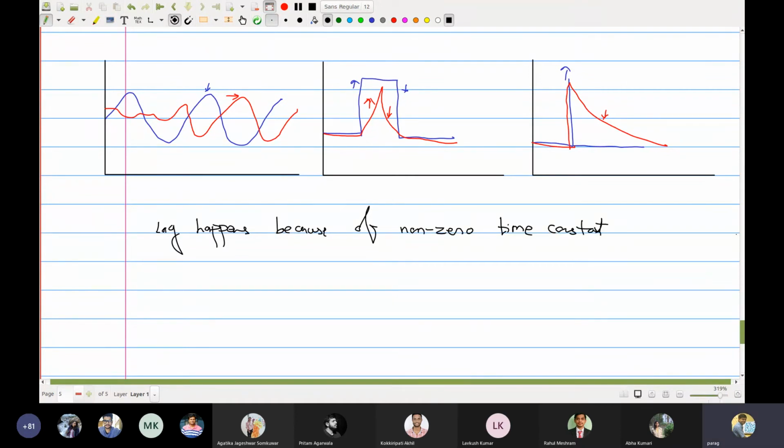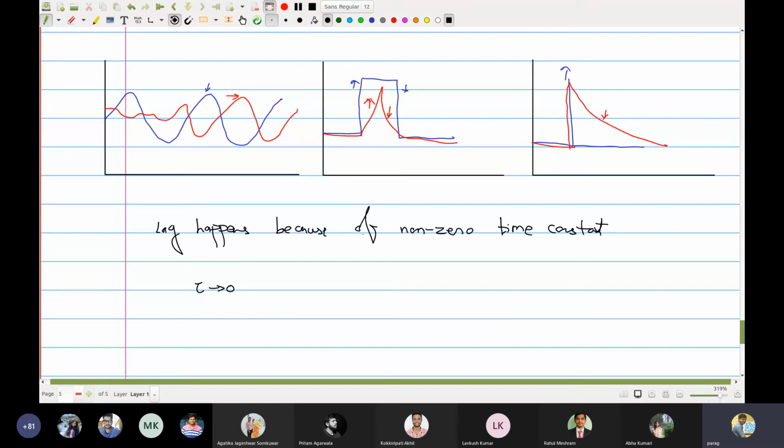Because the time constant of the system is non-zero, there happens a lag in the system. So what if you have a system which is very quick to respond, so that the time constant tau tends to become zero? Then what will happen in such a system?